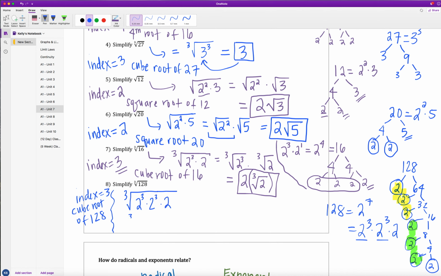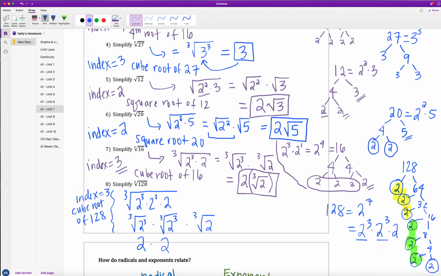I can break this apart as the cube root of 2 to the 3rd times another cube root of 2 to the 3rd, since there's 2 underneath the radical, times the cube root of 2. We know that if the index and the power match, then those guys will cancel each other out and we just get left with our base. So I get left with 2 there. Again, the index and the exponent match, so I just get left with my base, which is 2.